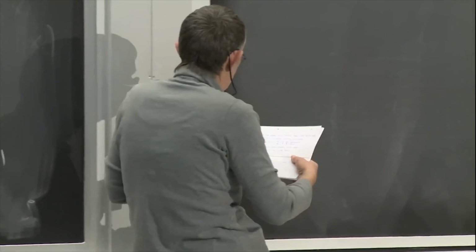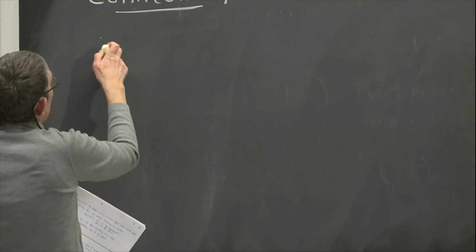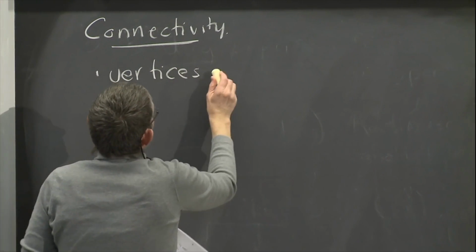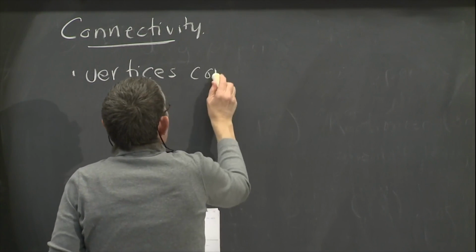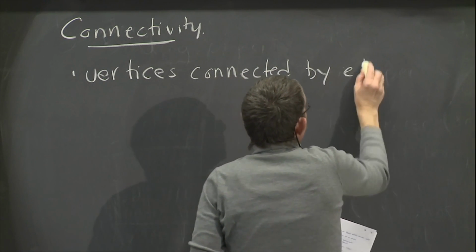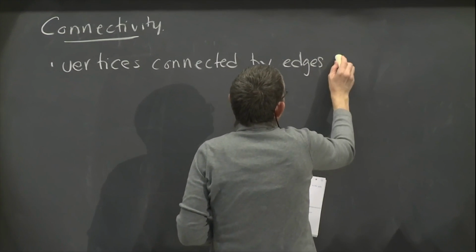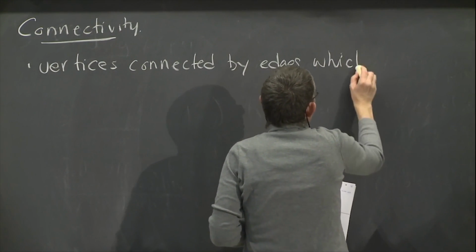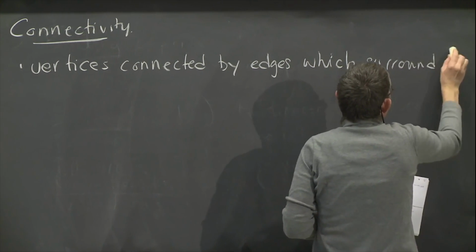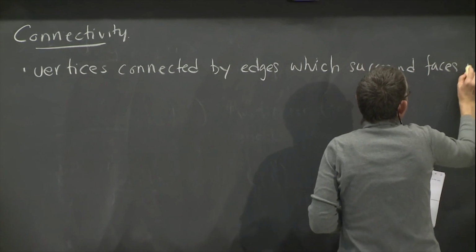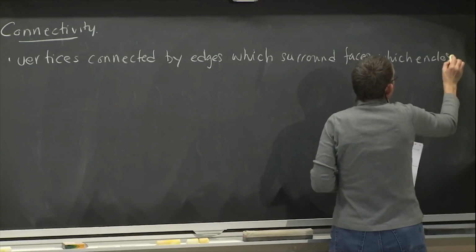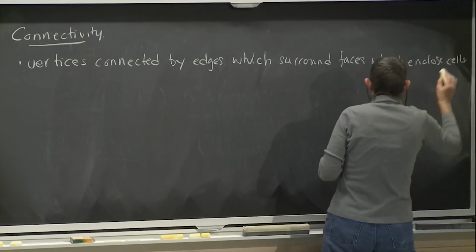There are some topological laws that are kind of interesting, and we'll get into those after this bit on connectivity. So for the connectivity, we have vertices, which are connected by edges, which surround faces, which enclose cells.